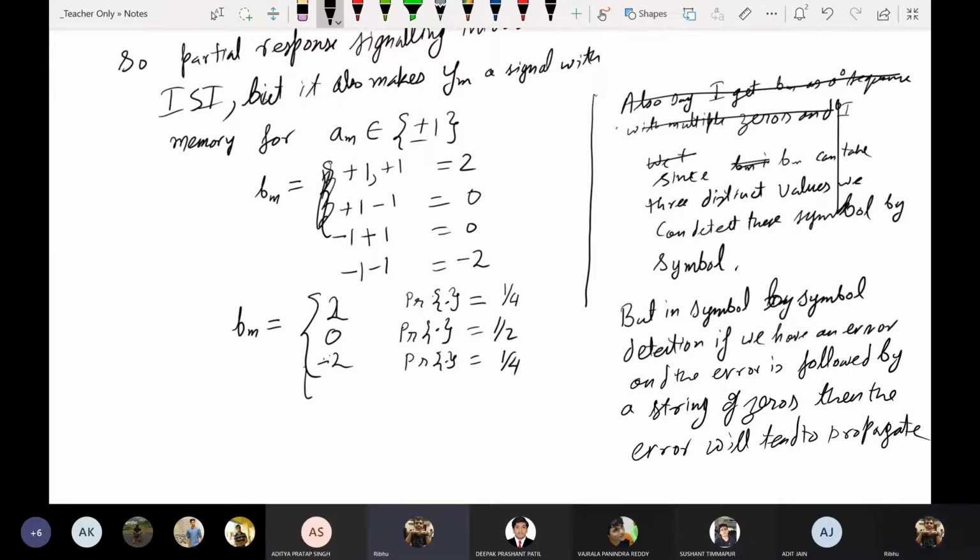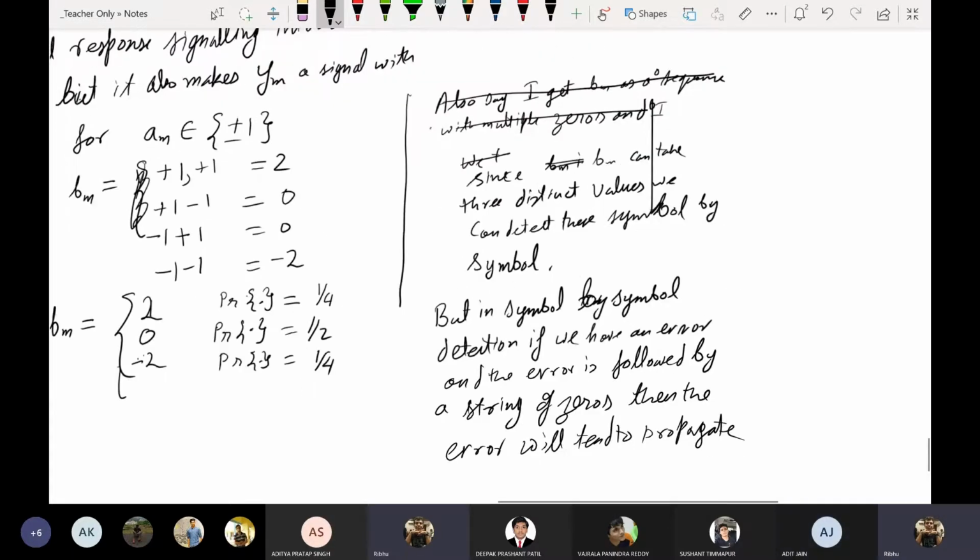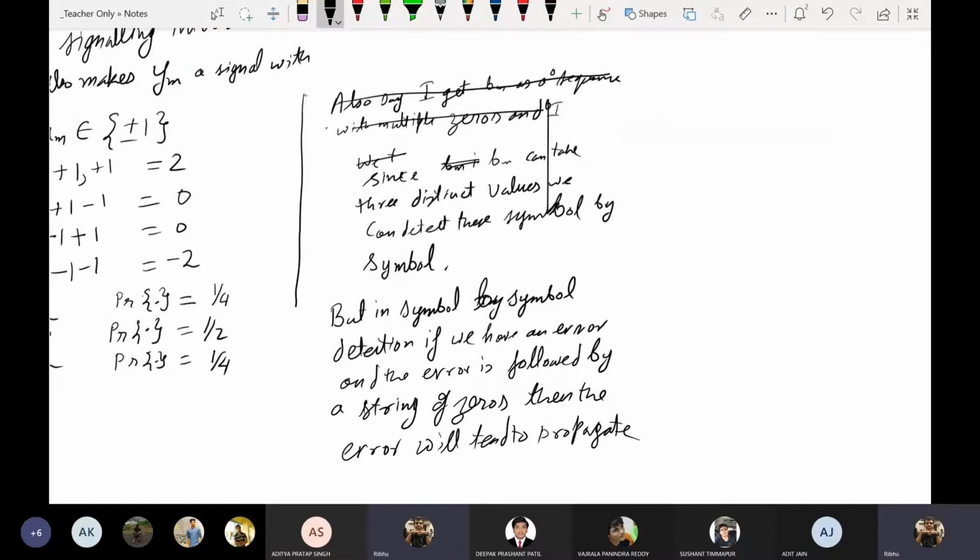Right? The error will tend to propagate. Yes, sir. So the error will tend to propagate. So how do we solve this?